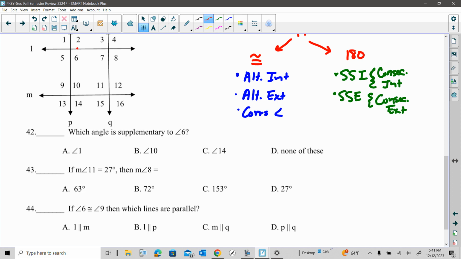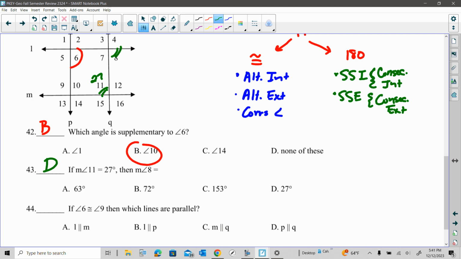So if I'm looking at angle 6, in comparison to my L and M, I need a same side interior. So we should have B here. 6 and 10 are on the right side in between L and M. For angle 11, if this is 27 and I'm trying to get to angle 8, well, angle 8 and 11 are alternate interior. Since they're alternate interior, they're going to be congruent. So the answer is D, 27.